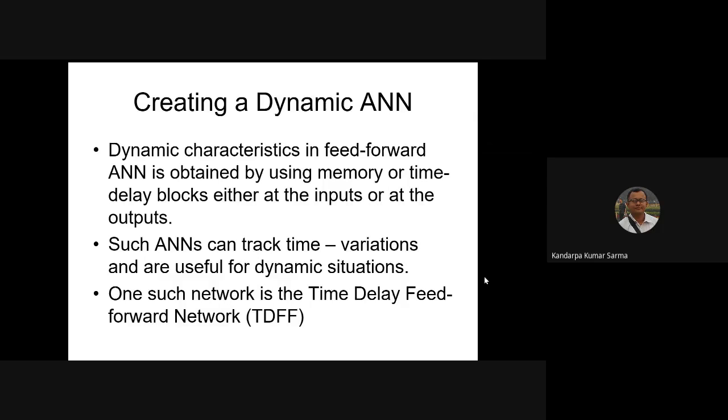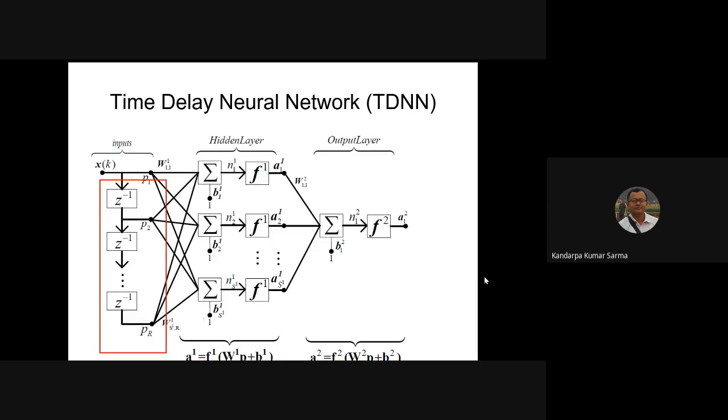Now this diagram shows the most common or the most fundamental structure of the time delay neural network. This particular structure is used by MATLAB to generate a time delay neural network. Here we find that at the pattern feed layer, we will have some delay blocks, z to the power -1, z to the power -1, z to the power -1.